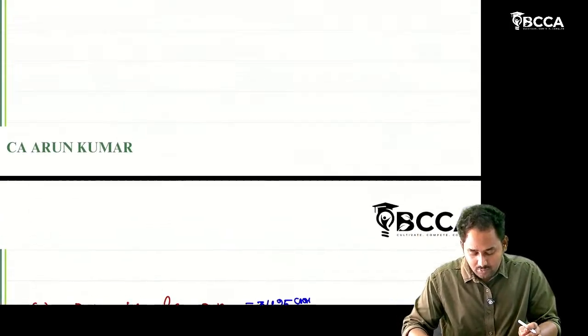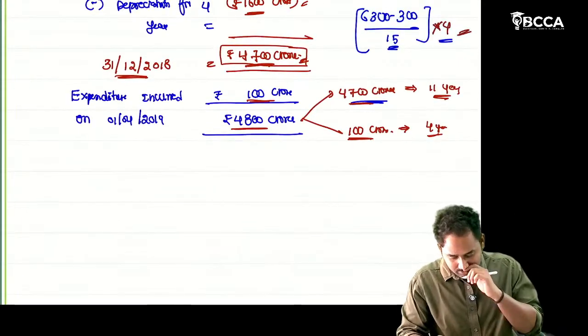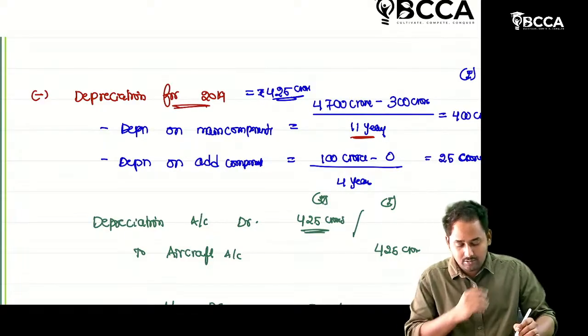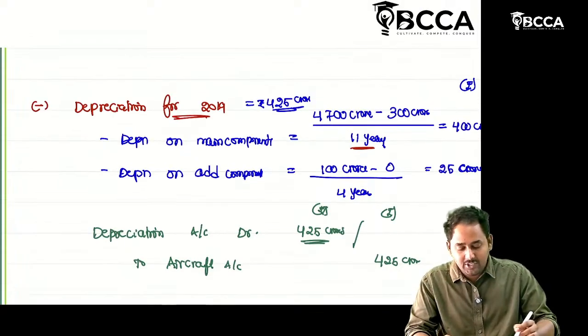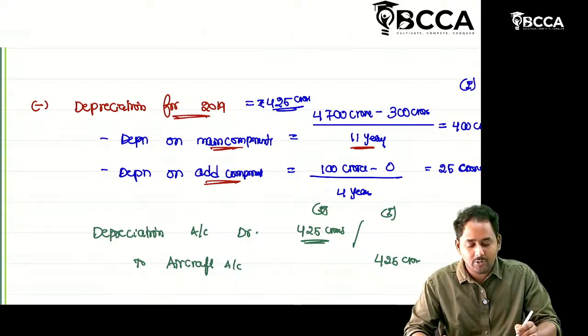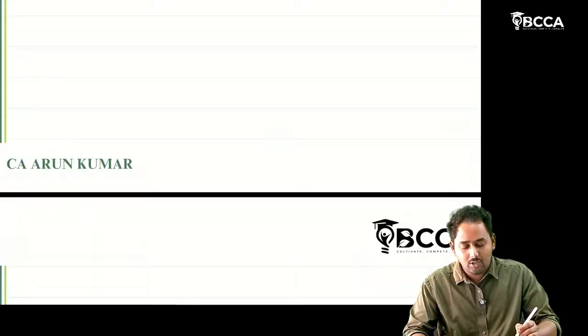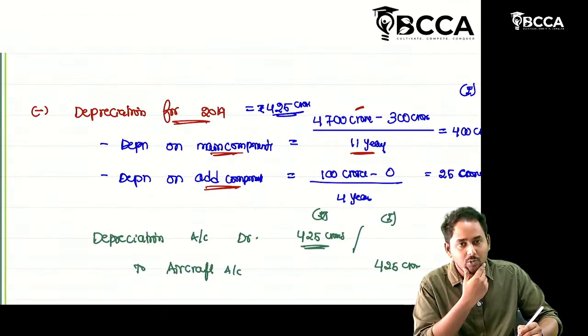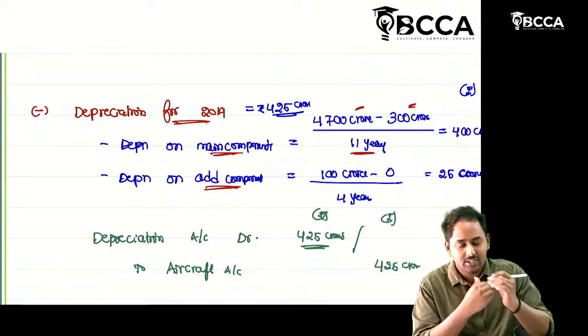Let's see the depreciation. What is the depreciation for 2019? Depreciation for the main component and depreciation for the added component. What is the main component? 4,700, the opening carrying amount. Then what is the residual value? 300 crores.